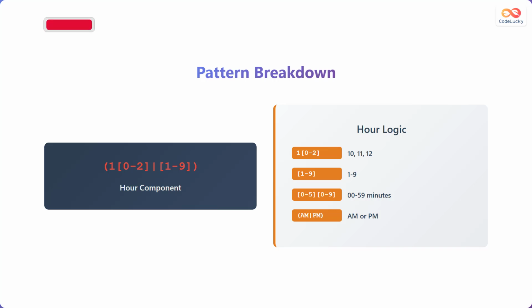The [1-9] handles hours from 1 to 9. The next part is [0-5][0-9], which indicates the minutes ranging from 00 to 59. Finally, (AM|PM) ensures that the time ends with either AM or PM.